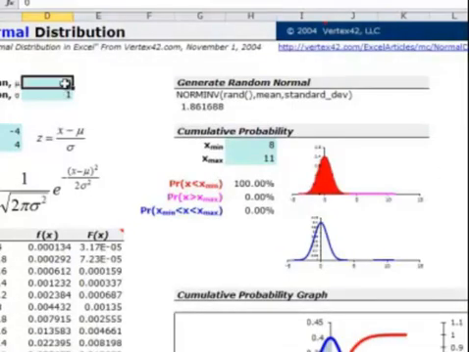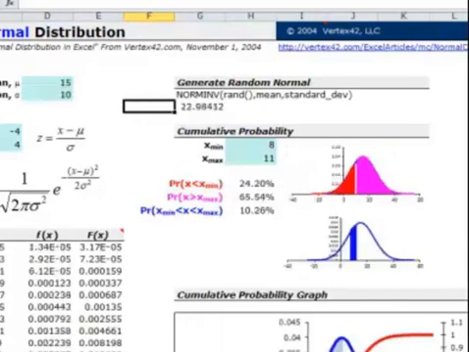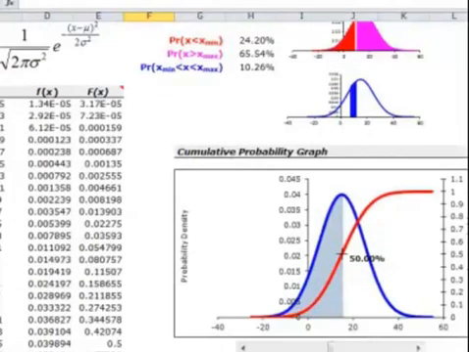So we can make the mean 15, and a standard deviation of, I don't know, 10. And 10 makes it a lot wider, and again, the area under this curve is just given by this cumulative distribution function. And our problem is we don't have a simple formula for that cumulative distribution function, so that's why we have to use a table.